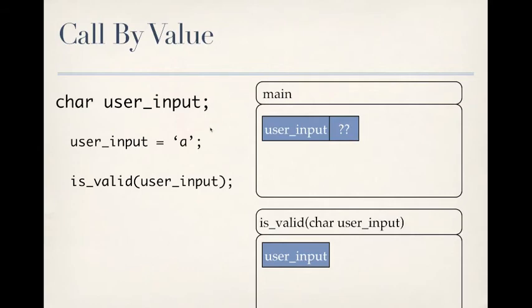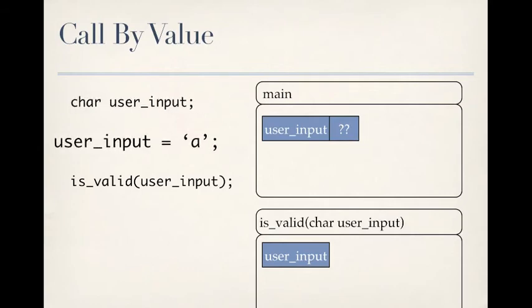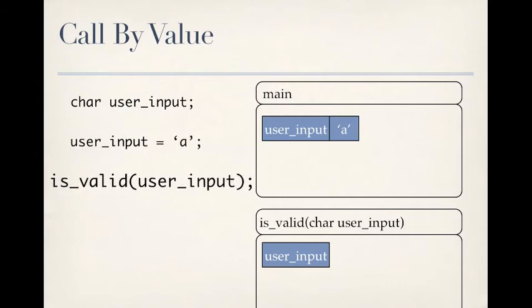That's why we give it a specific value, namely the character A. So if we execute this line of code here, we have stored A into the variable user input. And now we go to the next line of code, and this is the call of is valid.